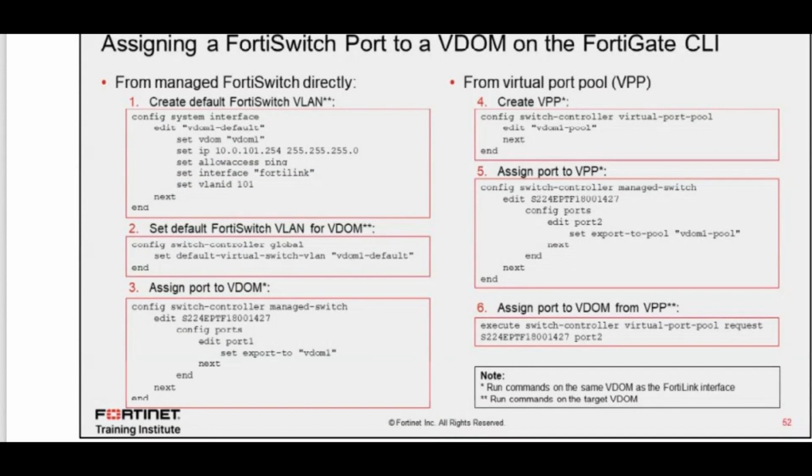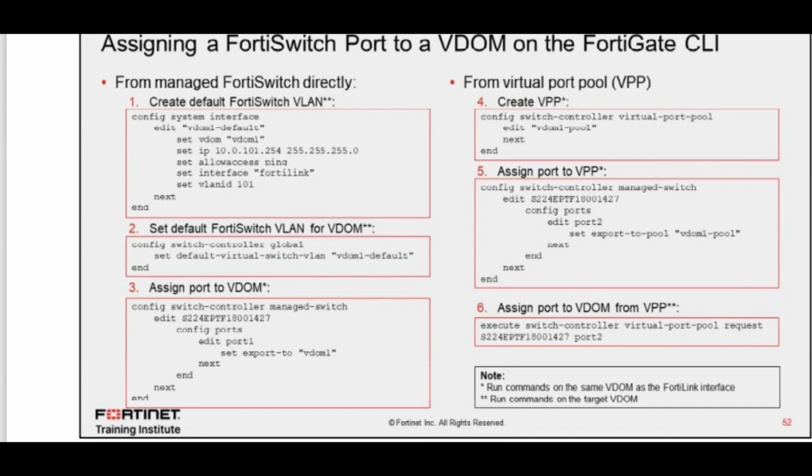The first way is from managed FortiSwitch directly, and the other way is from Virtual Port Pool (VPP). When using a VPP, you first indicate a group of ports that can be assigned to other VDOMs.